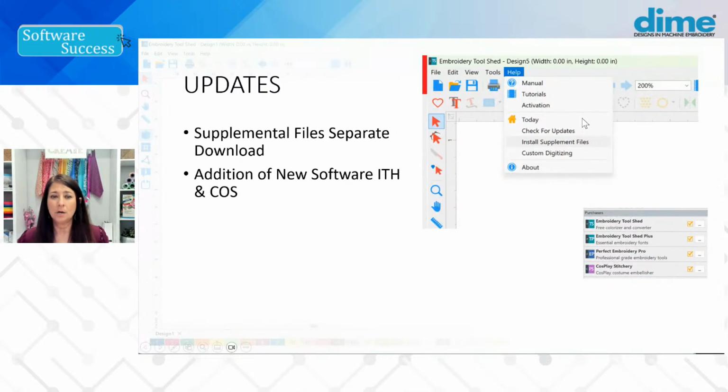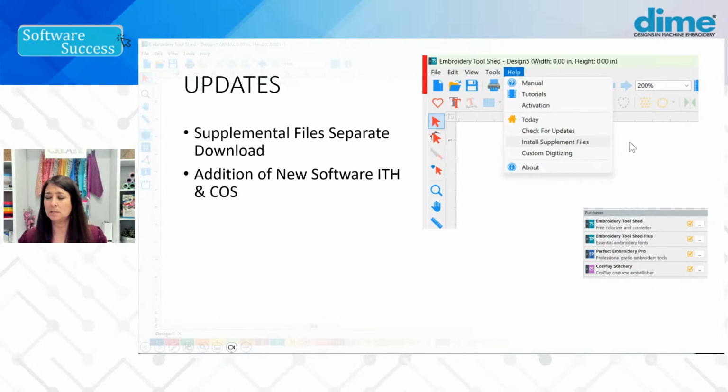Okay, so let's go back over and talk about what else we saw in an update and where you can find this. This was just a reminder for me to tell you that the supplemental files are new, and at any time you can click help and check to make sure you've got the current version. That also makes it easy if we find any errors or bugs in the files. It's easier for us to upload, correct, and then you just have to download the updated version and don't have to go through and install again.